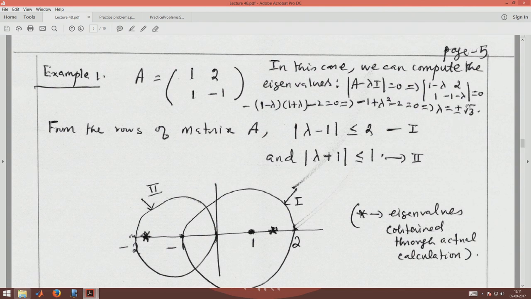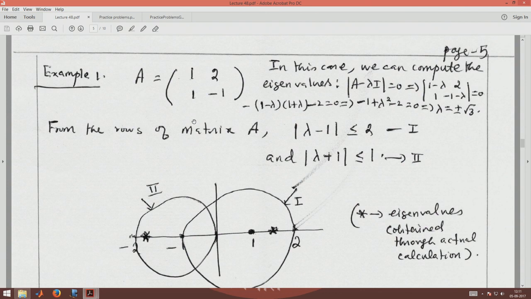The two eigenvalues plus or minus root 3 have been marked on the real line. They are real eigenvalues, marked here by means of a star. This is lambda equal to minus root 3 and this is lambda equal to plus root 3. Now, let us use Gershgorin's theorem.